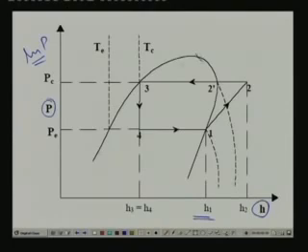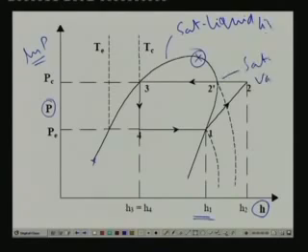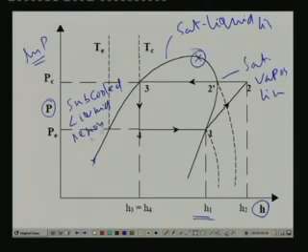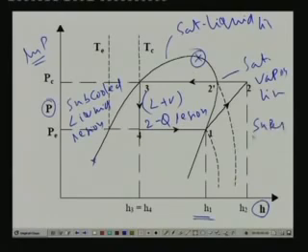You have the critical point here, and from this point to this point is your saturated liquid line, and from this point to this point is your saturated vapor line. This is your subcooled liquid region, this is your liquid plus vapor two-phase region, and this is your superheated vapor region.